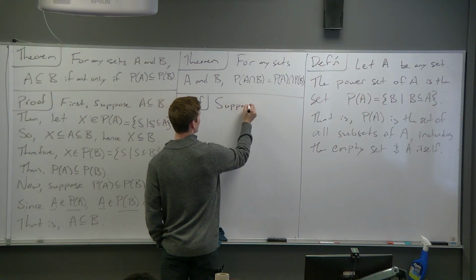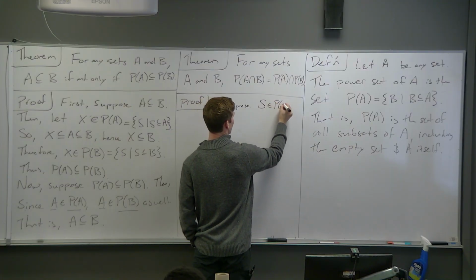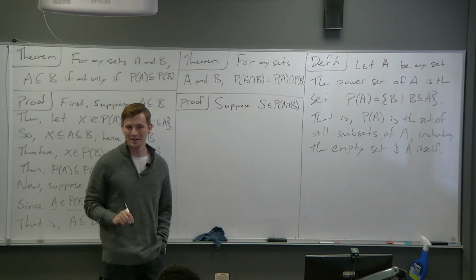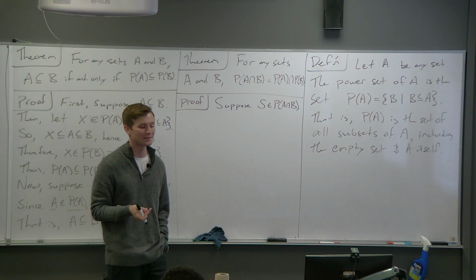Suppose, let's call it S, is in the power set of A intersect B. Everyone's getting the hang of this showing equality by doing inclusion in both directions, right?